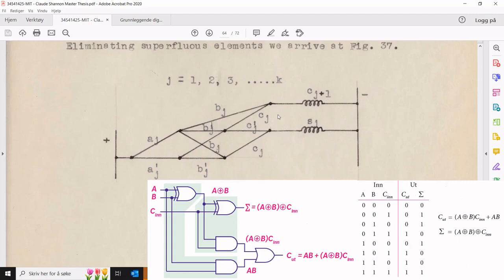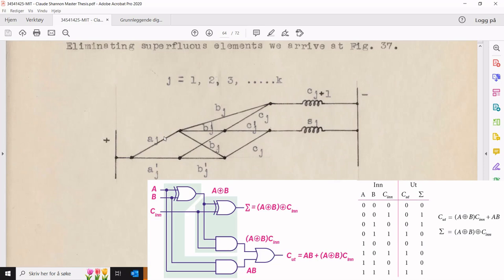And Cj plus 1 we get if we have either Aj or Bj equal to 1, or if we have Aj, Bj like this, that means Aj equal to 1, Bj 0, and Cj equal to 1, we get Cj plus 1. And if we have Aj equal to 0 and Bj and Cj equal to 1, then we get Cj plus 1. And then we can see that this C out, which is the same as Cj plus 1, what is that?